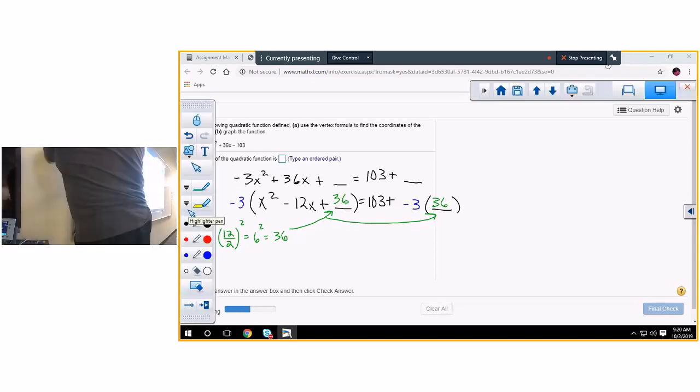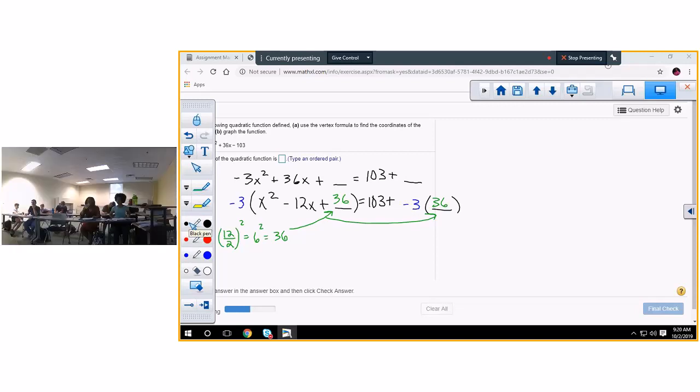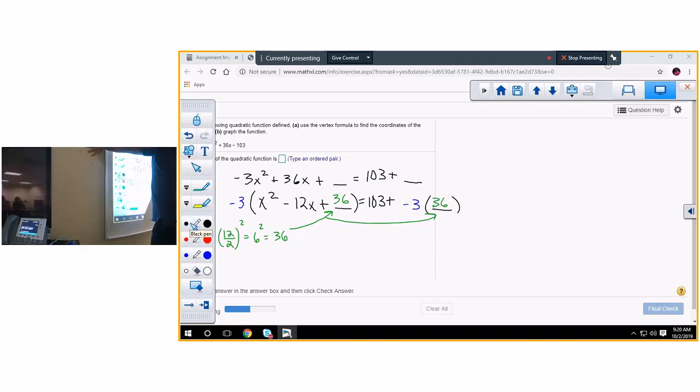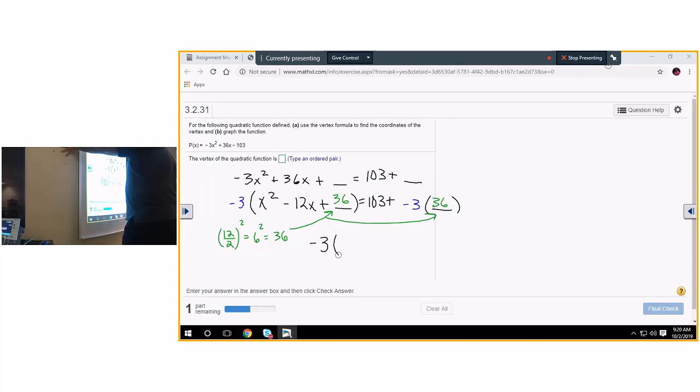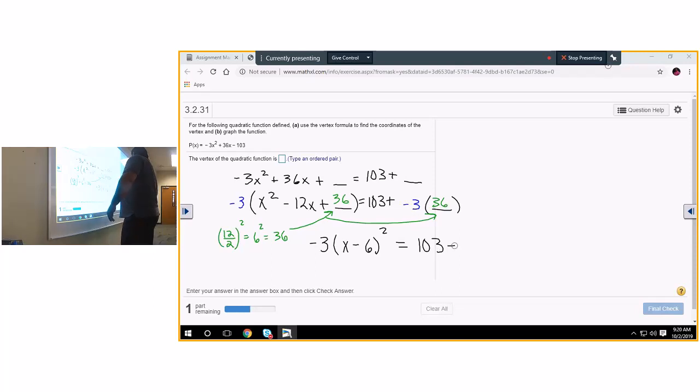All right. You're supposed to be doing completing the square, not singing a chorus. So, -3, and you're going to get the sound effects corner over here going. All right, -3 times x minus 6, quantity squared, is equal to 103 minus what? 108. And that's going to give us -3 times x minus 6, quantity squared, is equal to negative what? 5.